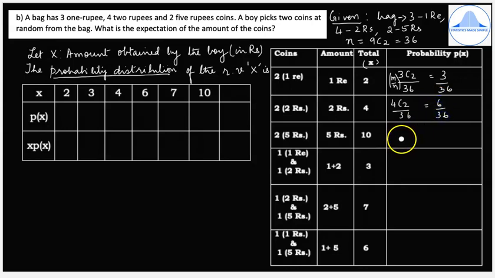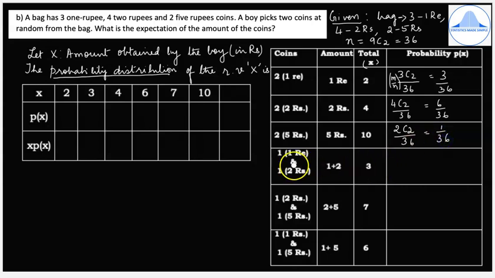So similarly, next is he can pick two 5 rupee coins. So the amount is 10. How many 5 rupee coins are there? There are two 5 rupee coins and he has to pick two. So it is 2C2 divided by 36, which is 1 divided by 36.